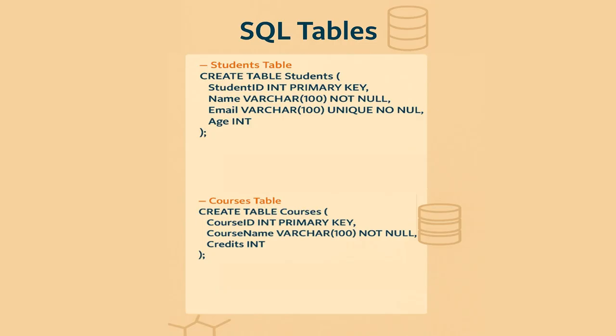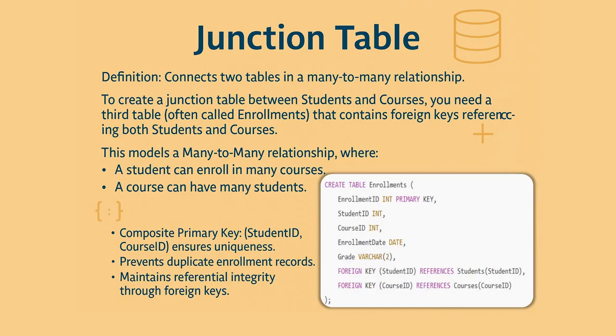In order to connect these two tables together, I told you we need to add a third table as a junction table. And how to present the many-to-many relationship? After writing the attributes for the enrollment, let's say we have enrollment ID as primary key. We should add how to connect this enrollment to the students table by adding here the student ID, how to connect with the courses table by adding the course ID, and other attributes of the enrollment.